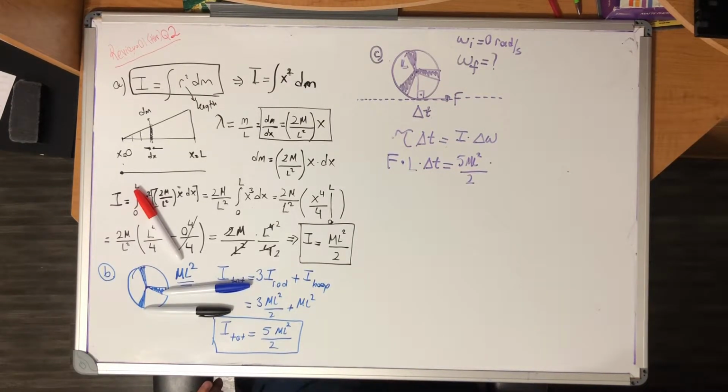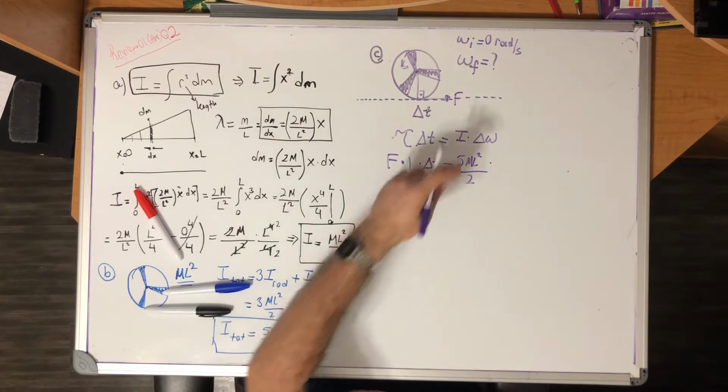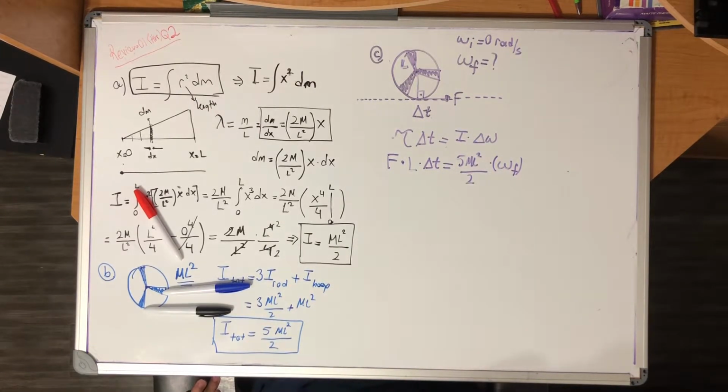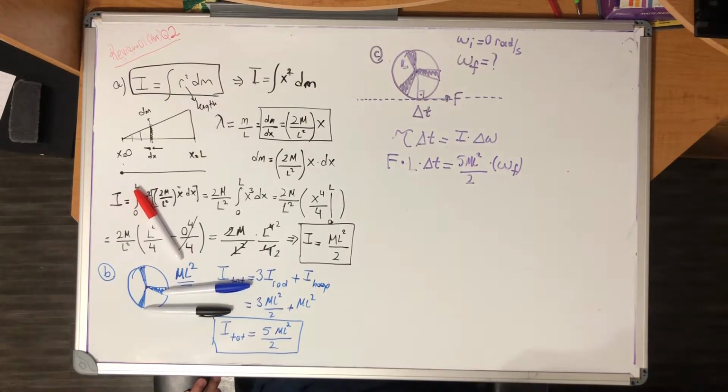It's final minus initial, so final is the unknown and initial is 0. So that is going to be just omega final, and that's what I'm going to try to figure out. And I am able to use F, L, delta T, and M. So I can use all of the variables in that equation.